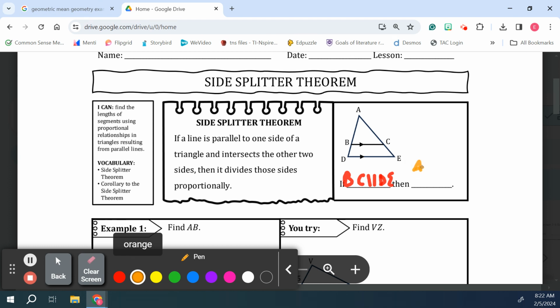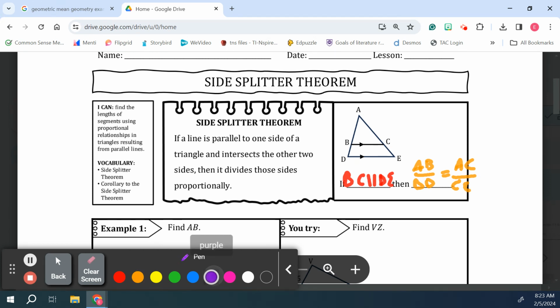Then you have AB over BD equals AC over CE. Now, can you use this for everything? Not really, but you can use it for just the sides. That's why they call it side splitter. You can't use it for DE or BC.